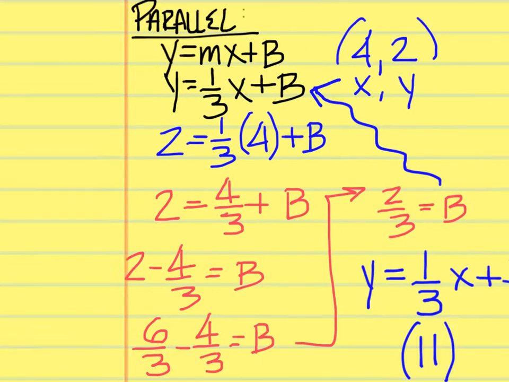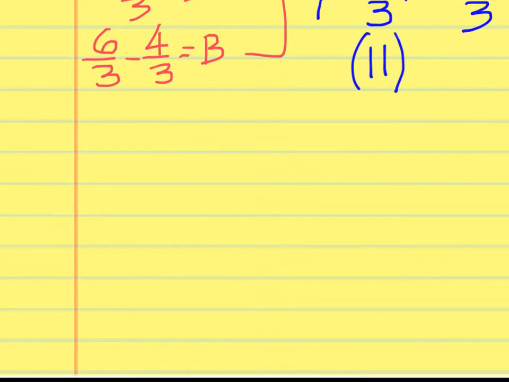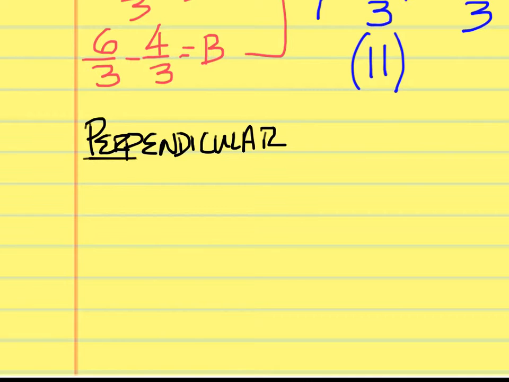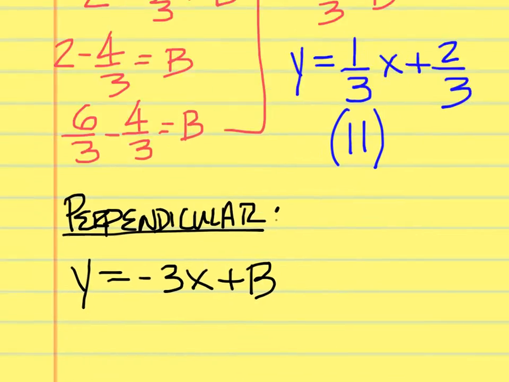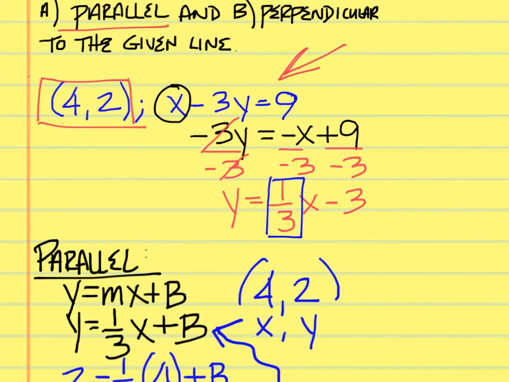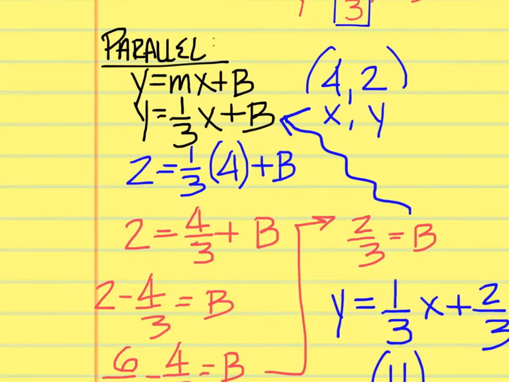So we will go down here for the perpendicular part of the problem and write this. Perpendicular. All right, and it's not 1/3, it is now -3x plus b. Y equals -3x plus b, because we changed this slope here by flipping it and changing the sign.